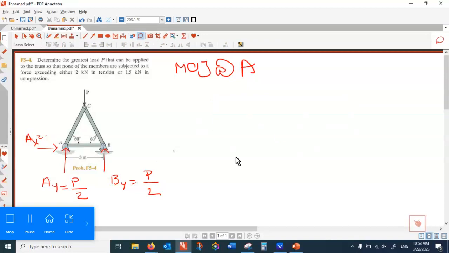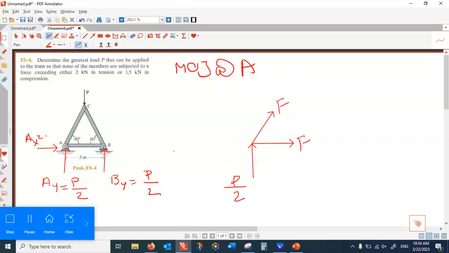All right, now I would like to make a free body of method of joint at A. So how does it look like? It will be one force here, one force here, and I already know that AY is P by 2. Anyone can help me to label these forces?